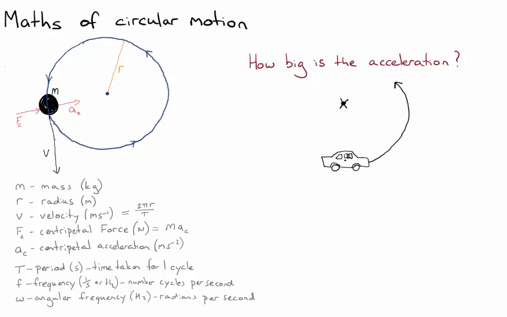Well, actually what that is is the car turning in front of you, and so if you didn't have your seatbelt on, you'd be pushed from the side by the door of the car. So it's actually the centripetal force that's keeping you in circular motion: the car applying a force on you, and that force is directed towards the centre of the circle.